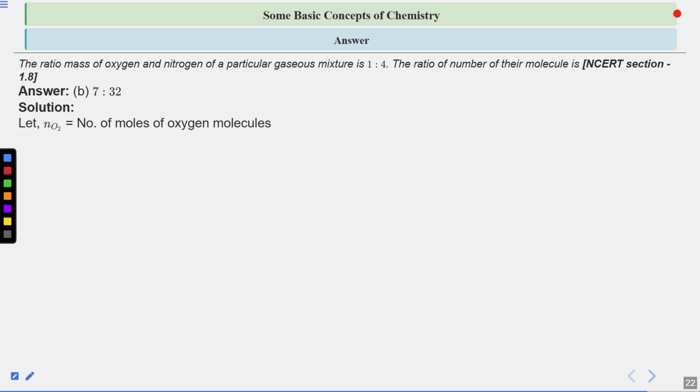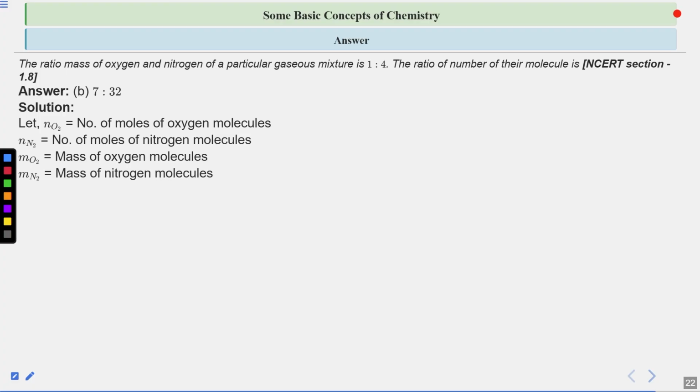If we consider nO2 as the number of moles of oxygen and nN2 as the number of moles of nitrogen molecules, small mO2 as the mass of oxygen and small mN2 as the mass of nitrogen, then we know that the molar mass of O2 is 32 grams per mole and the molar mass of N2 is 14 into 2, that is 28 grams per mole.